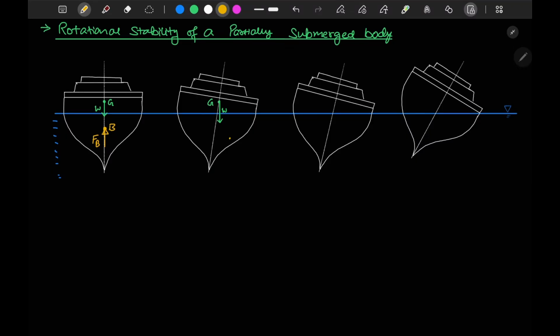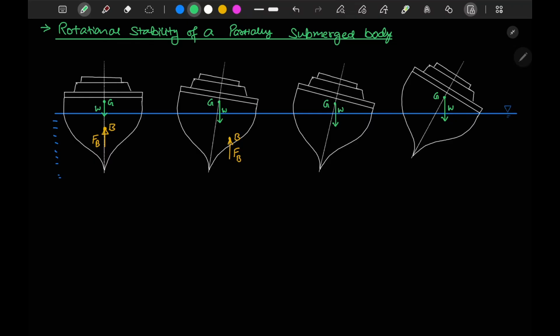Let's say this is your center of buoyancy, so this force will be your FB. Similarly here also, we are tilting it somewhat more, so again your G will remain here only, and your weight W will act in a perfectly downward direction. Similarly here also your G point will remain the same, and your W will act in a downward direction.